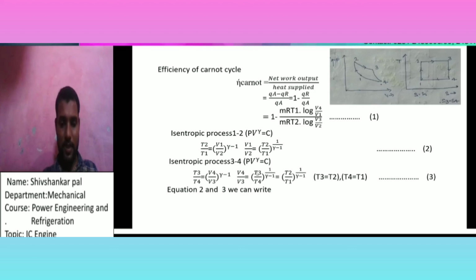Then you can write from both equations 2 and 3 that V1 by V2 is also equal to V4 by V3. So V3 by V2 is equal to V4 by V1, which is also right. Suppose I transfer V3 here and V1 here, then we obtain V3 by V2 equal to V4 by V1.